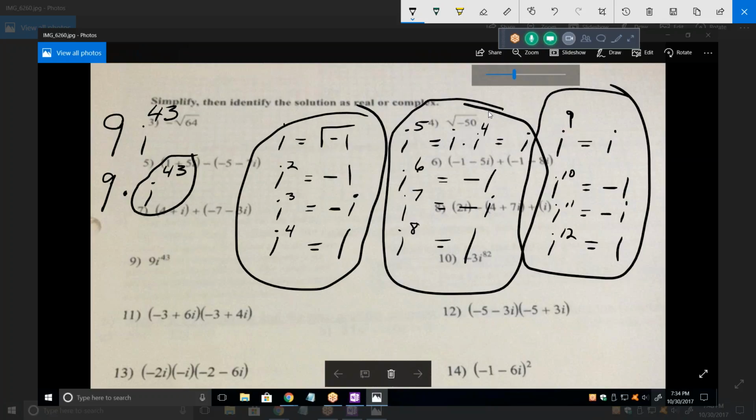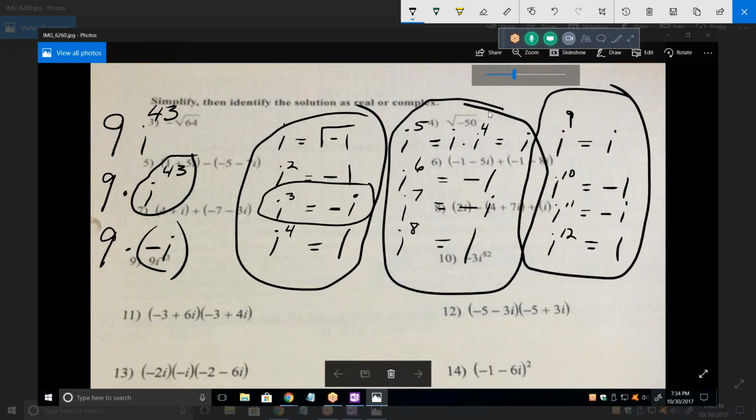For the 43? Divide by 4. What's your remainder? 3. Divide by 4, and you're only concerned about your remainder. So then it's 3. That means it's this one right here. So it's the same as 9 times -i.